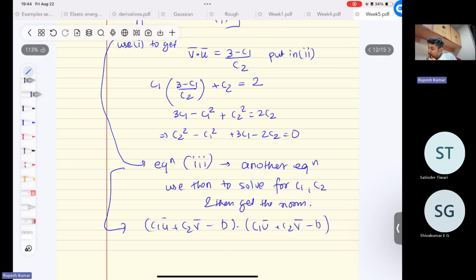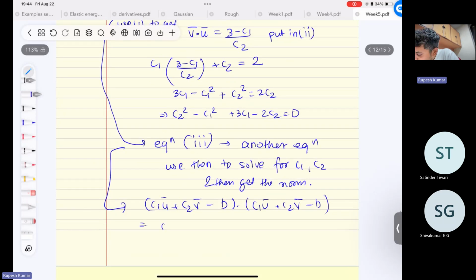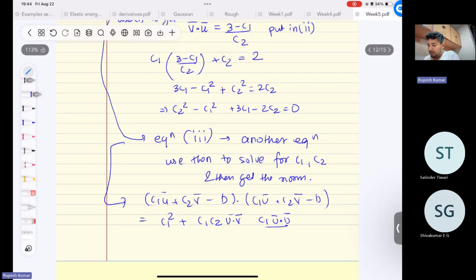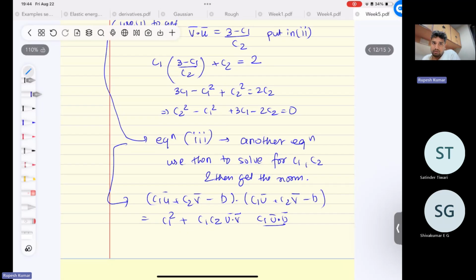Now, when you take the dot product, you will get C1 squared plus C1 C2 into U dot V, minus C1 U dot B. Now U dot B is a known quantity, right? Again, you expand this and you will get an equation that will get you to the answer. This is how you can proceed from here. Everyone, do you agree with this solution?